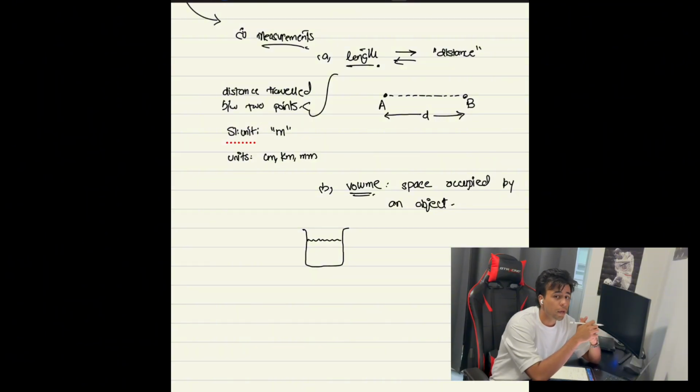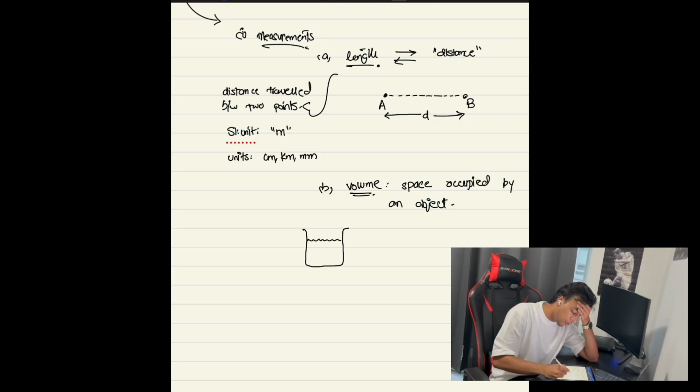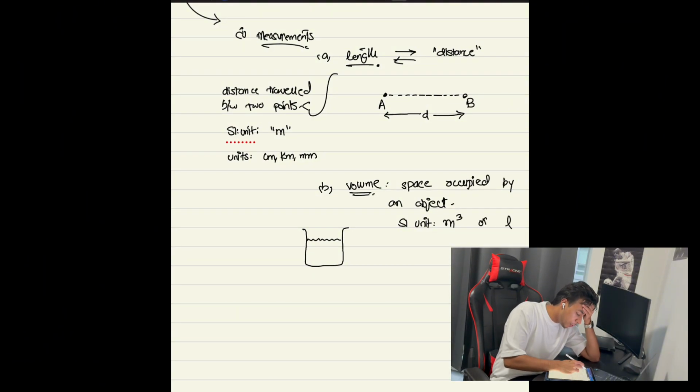I never asked you how many cubic meters of water you drank today, right? So the unit used for volume is basically meter cube, or you could say liters, right? There are multiple units used for volume, but the SI unit is again meter cube.